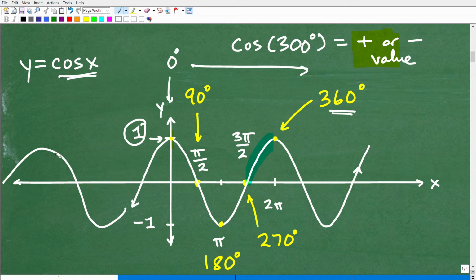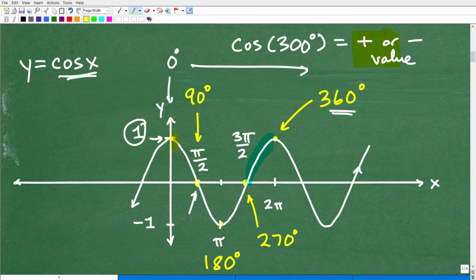So let's walk through these values. At 90 degrees, this is where our graph is at. Pi over 2 radians or 90 degrees, it's at 0. If you want to get your calculator and verify this, you can plug in cosine of 90 degrees, it's going to be 0, or cosine of pi over 2. These are common angles that you should know. How about right here? We're halfway through the graph, so that's 180 degrees.